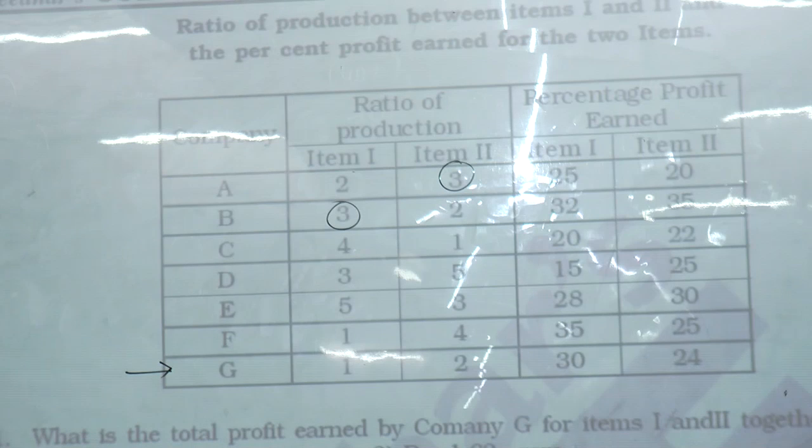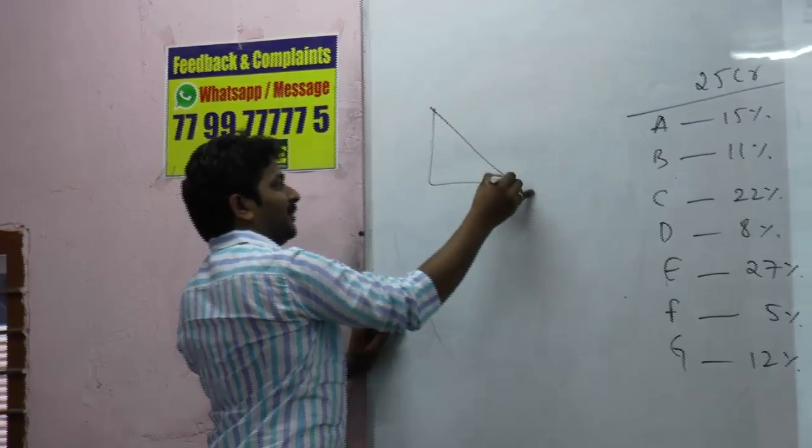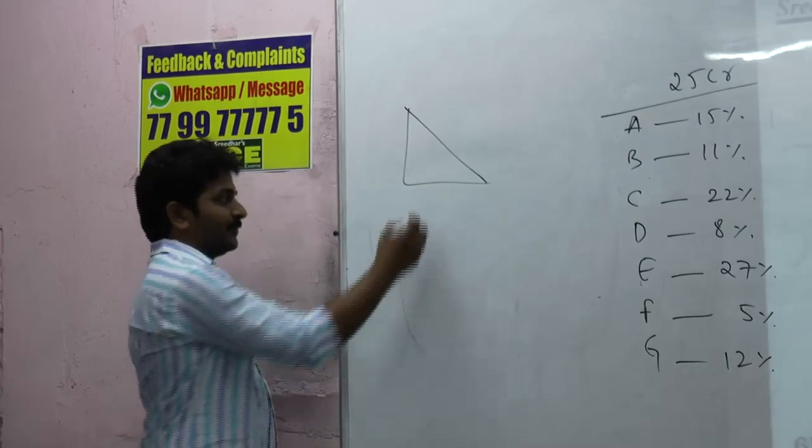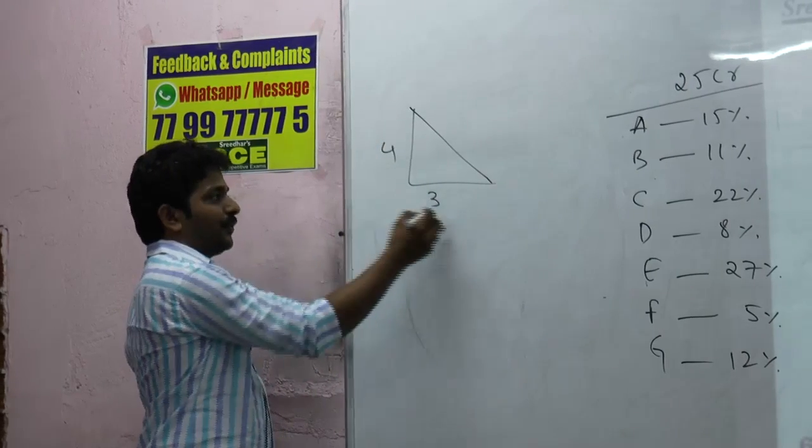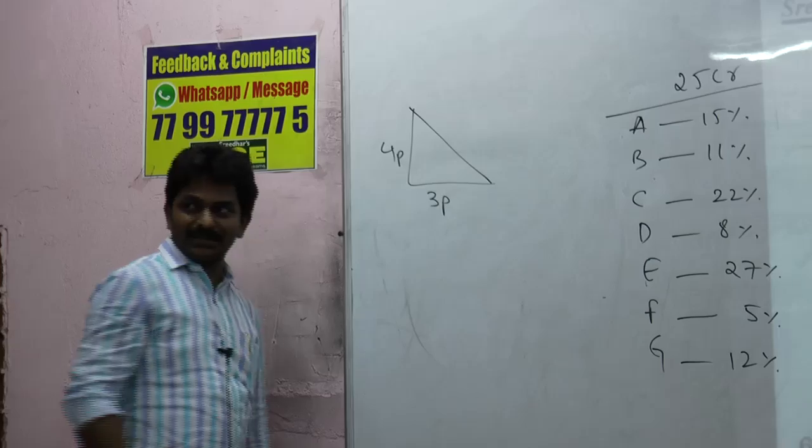Next, 65. The ratio between the base and height of the right angle triangle is 4:3 respectively, and the hypotenuse is 10 centimeters. What is the area of the triangle? Right angle triangle, base and height given in the ratio 3:4. 4 parts, 3 parts.